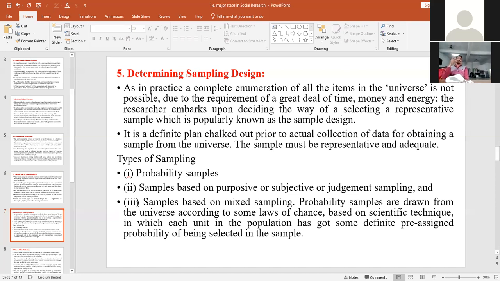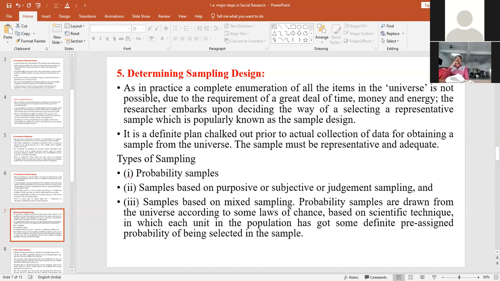And the snowball method of sampling is also there in the social sciences. If a particular person does not know anything about the study, then through various sources he can approach one person, and the researcher can interview that person and ask him regarding another person, and he suggests some persons or respondents.